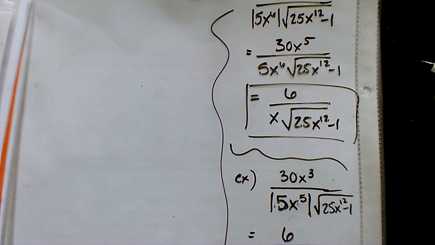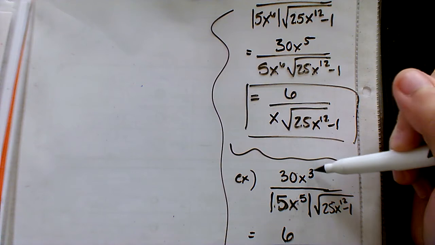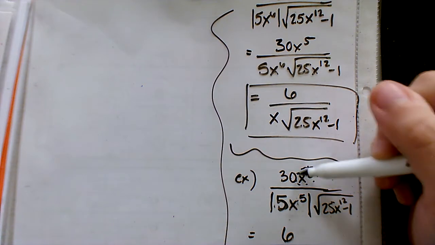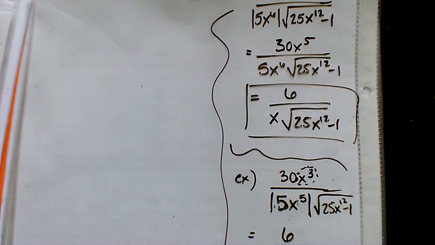No. Why not? Because it's an odd power. So this has the possibility of being negative. If you were to plug in a negative, it would be negative. And by simplifying it this way, notice how it no longer has that ability, because the absolute value and possibly the power of 2 would make it always be positive.